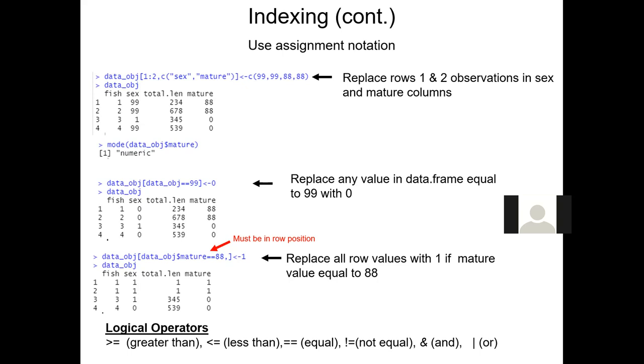And you can use different combinations, like if you wanted to say data object mature equals 88 and length is less than 200, you can use these and signs and or signs in the column position to find particular elements with those conditions.